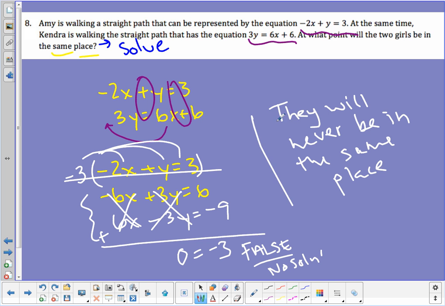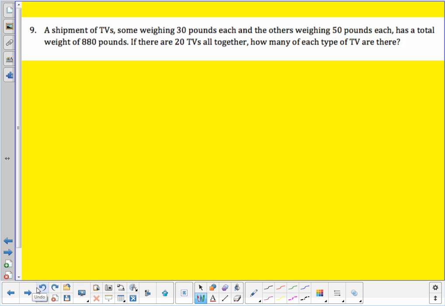All right. Last one. Shipment of TVs weighing 30 pounds and 50 pounds is a total of 880 pounds. If there are 20 TVs altogether, how many of each type of TV are there? I'm going to label some variables here. I'm going to say that X are the 30-pound TVs, and Y is the 50-pound TVs. So now I need to write some equations.